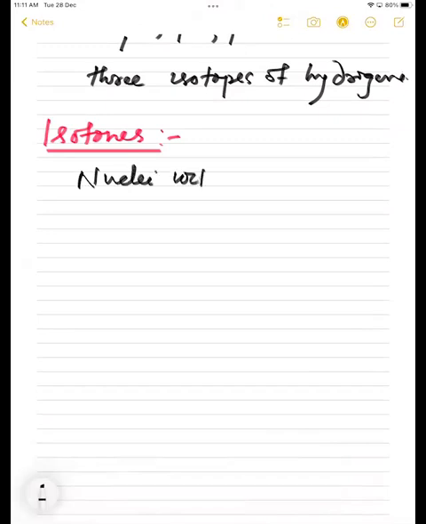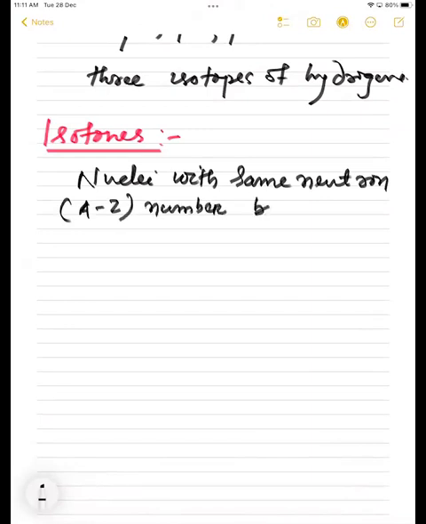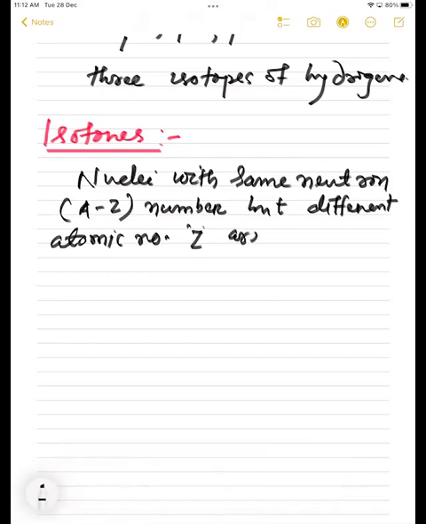Nuclei with the same number of neutrons, that is A minus Z, the neutron number, but a different atomic number Z, are called isotones.